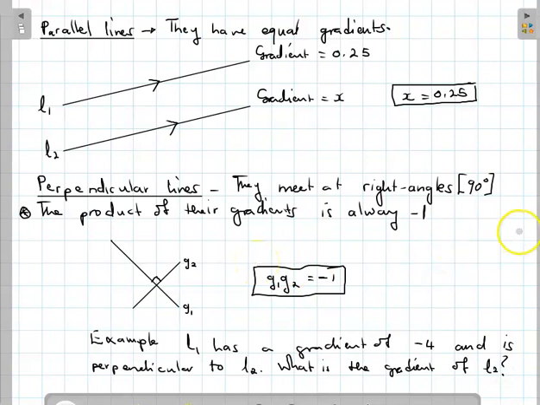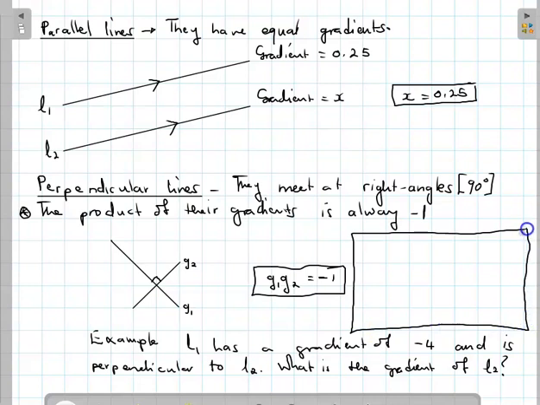So let's work out our solution here. So let's say the gradient of L2 is G2. So we now know that -4 times G2 must give us -1. So algebraically this means -4G2. Let's say the gradient is G, because the 2 is just a subscript to denote that it is the gradient of line 2, but let me remove it.